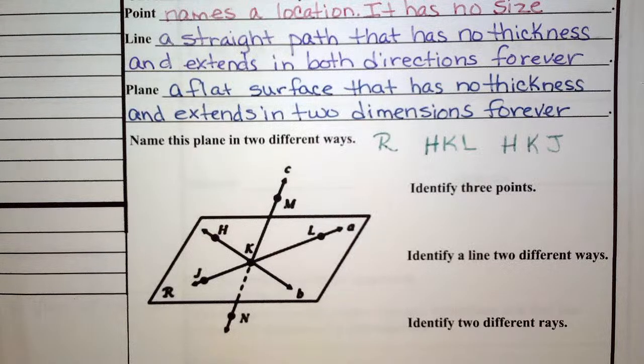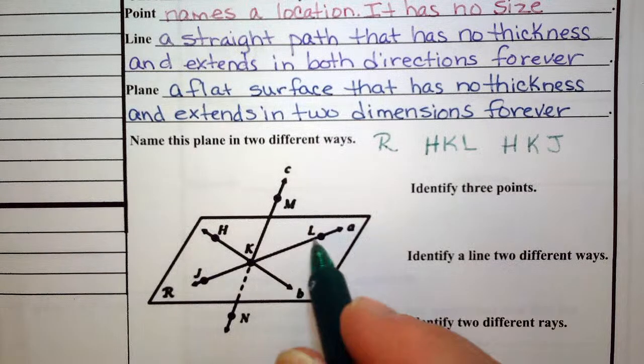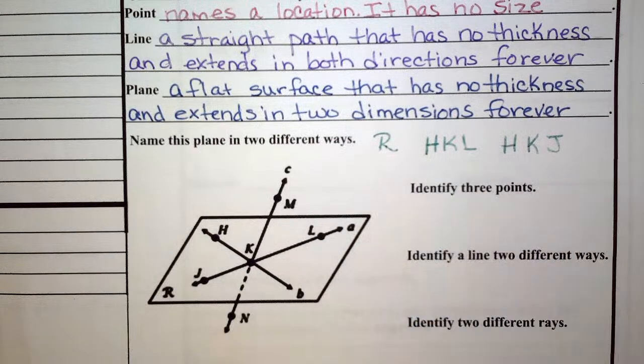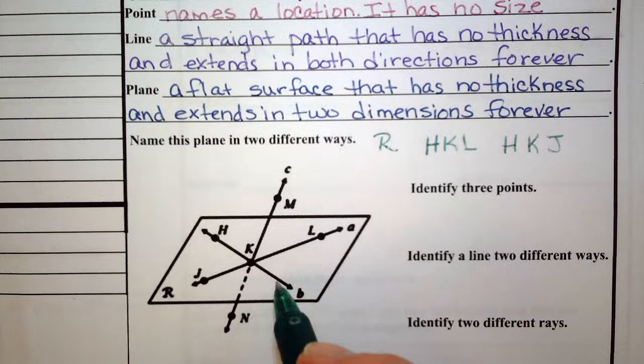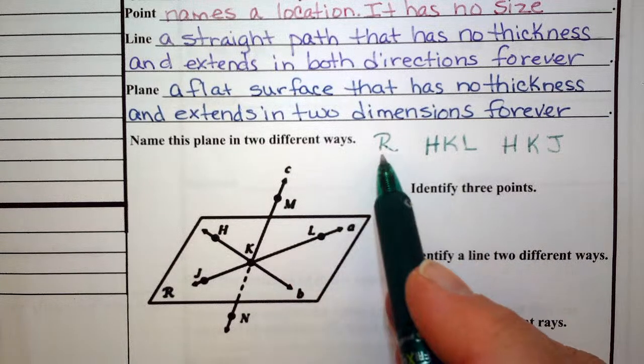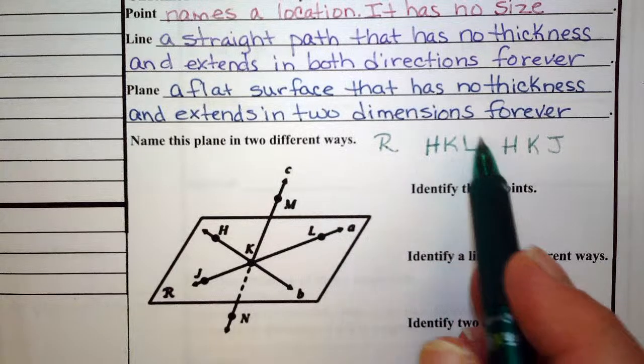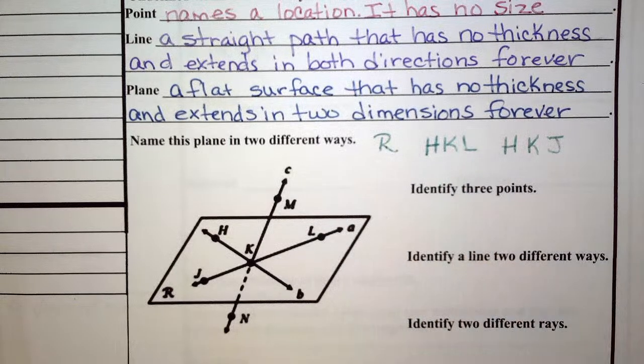Can I do any other points? I could do LKH, which would be the first one. If I had another point down here, there would be several different ways to do that. So it's either with a single letter or with three non-collinear points.